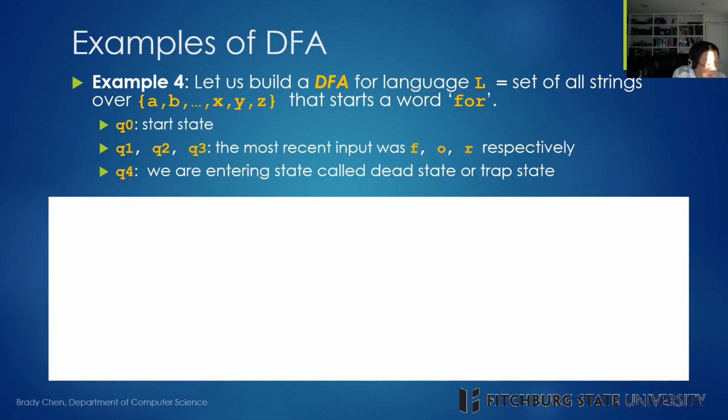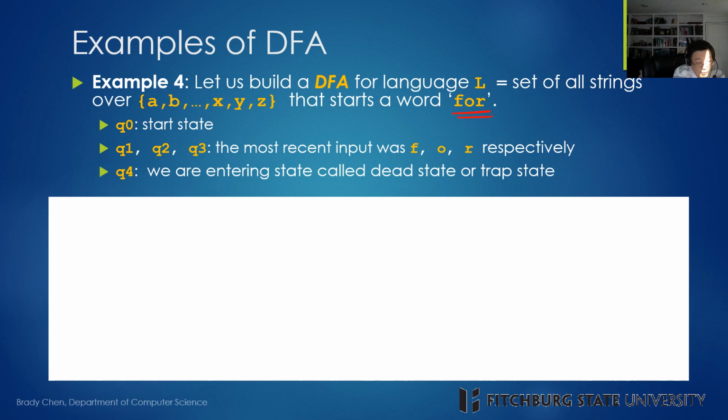Example 4. Let us build a DFA for language L, which is the set of all strings over A, B, C, D, all the way to X, Y, Z. That's the alphabet, that starts with the word FOR.